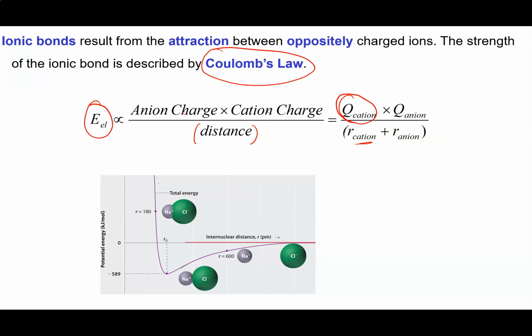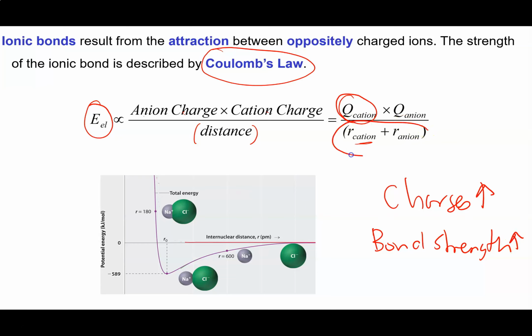It tells us as the charges increase, our bond gets stronger. So bond strength increases. But it also tells us that as our ions get smaller, our bond strength is bigger.